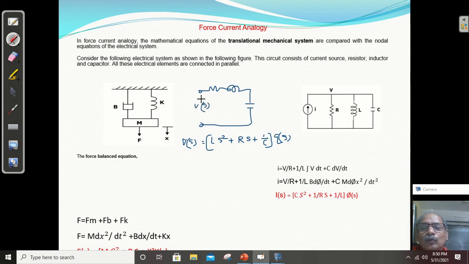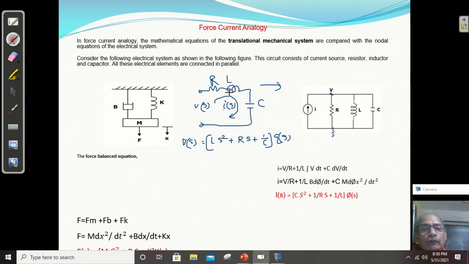If you want to convert this RLC circuit into a parallel circuit, if you draw the duality, the voltage source will be converted to current source. Clear? One loop is there, one source, one loop means one current is there, I of S. So here I will be converted to one node V of S. This is connected to ground.